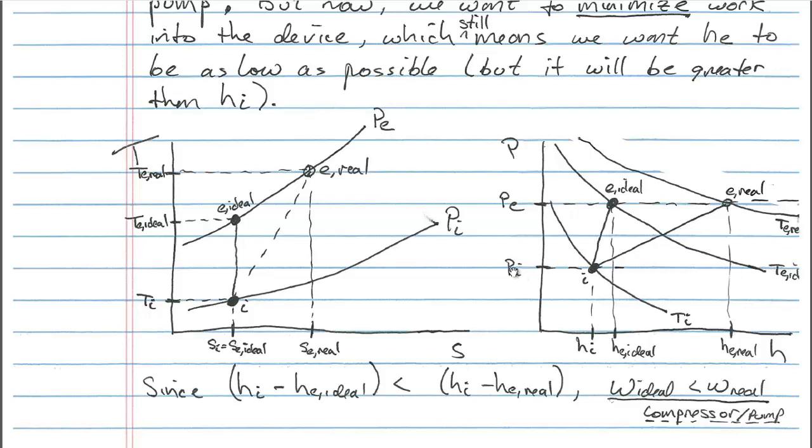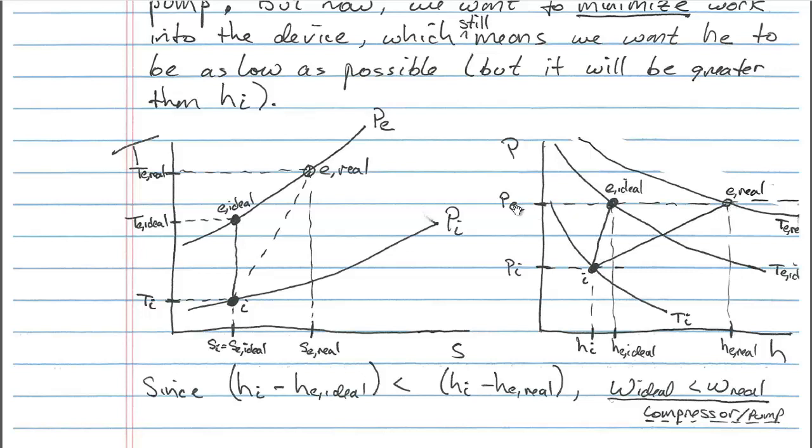We then have our line of constant pressure for the inlet state, and where Pi intersects Ti gives us our inlet state, and that corresponds to an inlet enthalpy. We then have our line of constant pressure for the exit state, and again that's going to be the same for both the ideal and real processes.